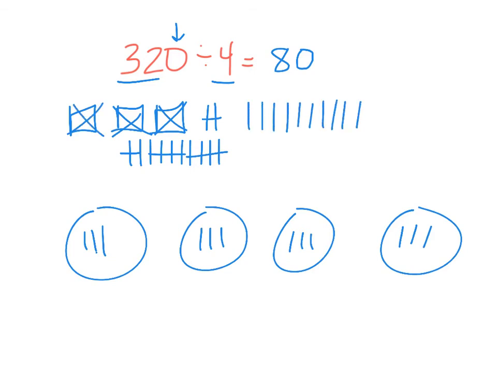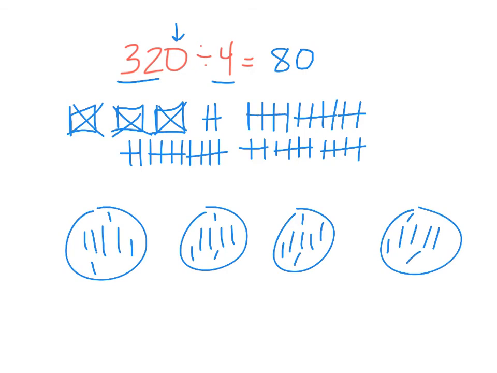I'm going to go ahead and break up both of them. So there's 4. There's another 4. Another 4. 4 more. And then finally, the last 4. Remember, these are all 10s, and there are 8 10s in each, so that is 80 in each one.